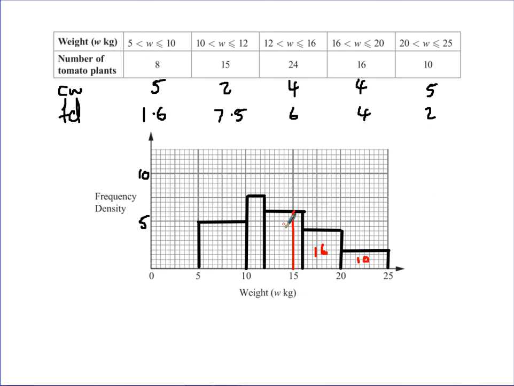The way we do it is we take our frequency density, which is 6, and times that by our gap here, which is 1. So 6 times 1 is just 6. Then we add our 6, our 16, and our 10 together, which gives us 32. And that's your answer.